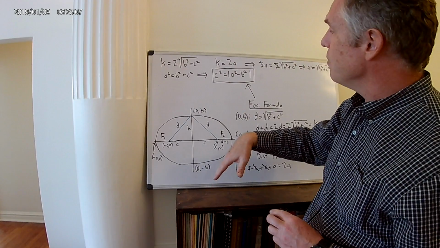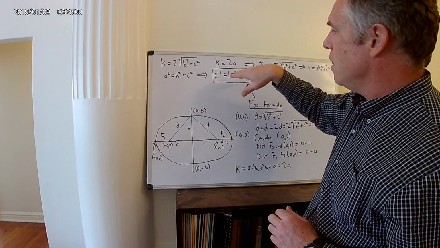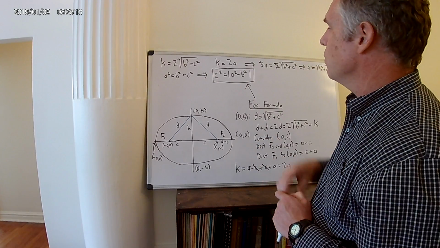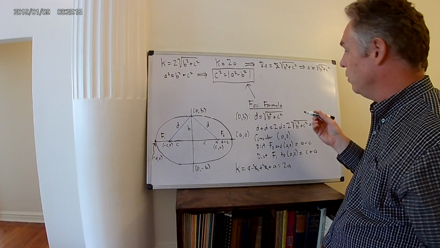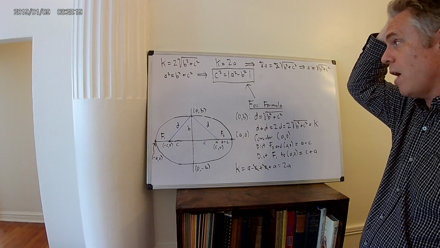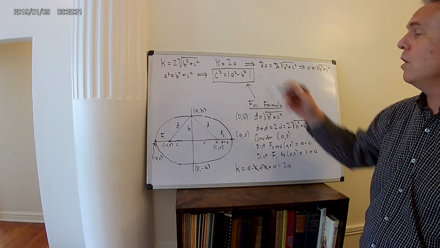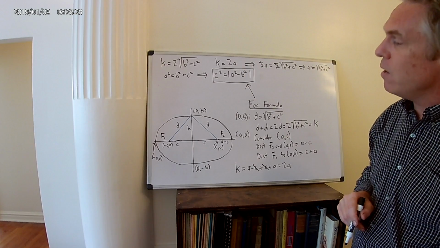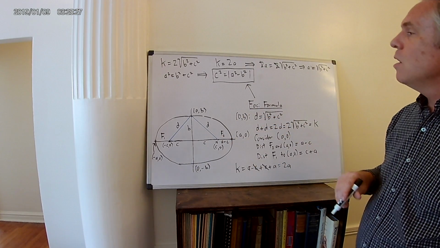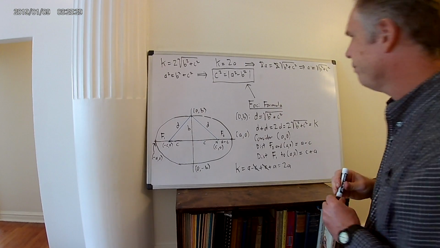You'll have a vertical ellipse, and c squared can't be negative. So we need to put on the absolute value signs. So this applies to both vertical and horizontal ellipses. This is a pretty cool formula: c squared equals the absolute value of a squared minus b squared. Again, if you know the semi-major and semi-minor axes of an ellipse, you can calculate the distance of the foci from the center of the ellipse.